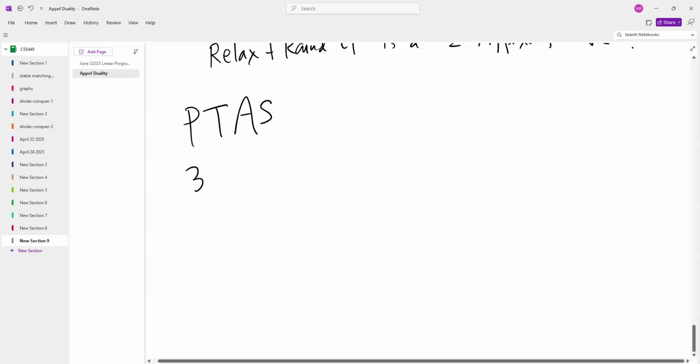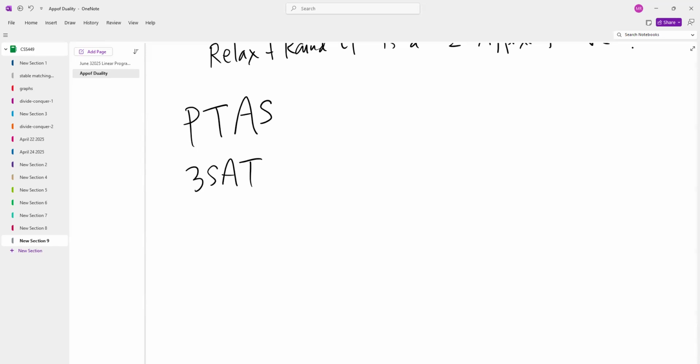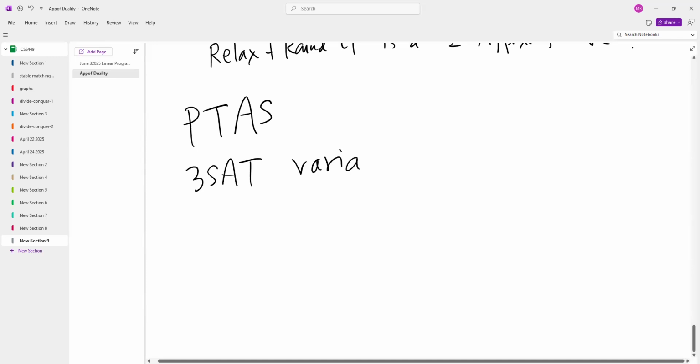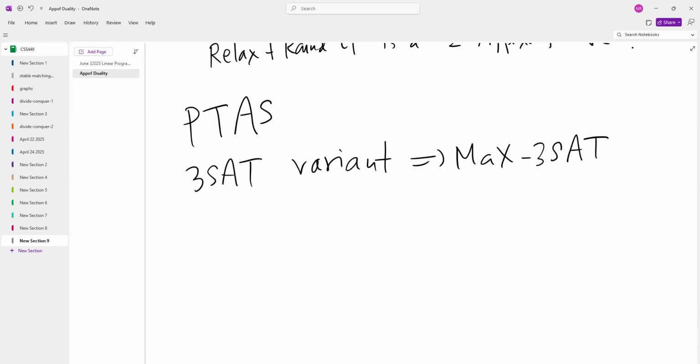So 3-SAT, remember, is where you have a bunch of clauses, and you choose one literal from each to satisfy. Now 3-SAT has a variant, right? It's called Max-3-SAT. What is Max-3-SAT? In 3-SAT, we have to satisfy all the clauses. Max-3-SAT says that I will not necessarily satisfy all the clauses, but maximize the number of satisfied clauses.